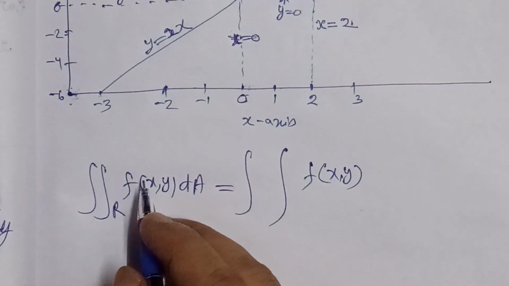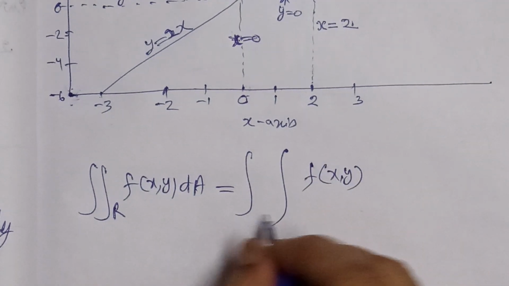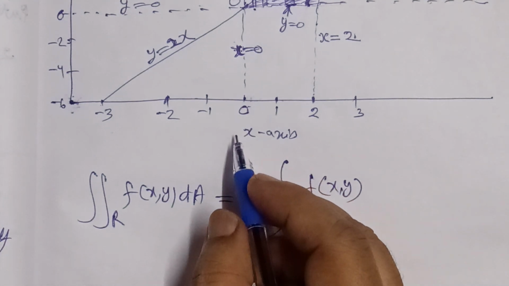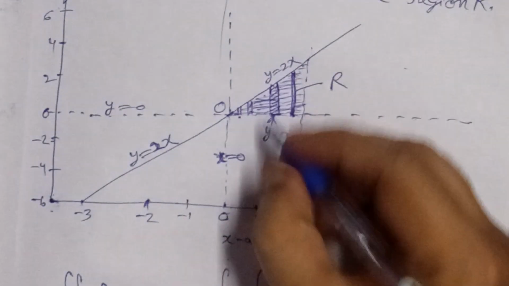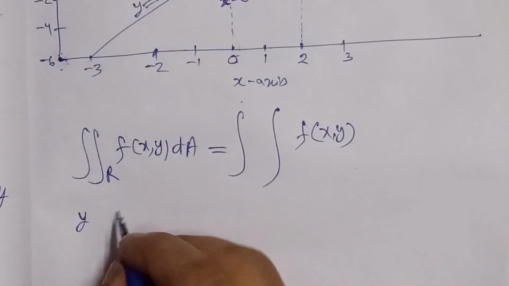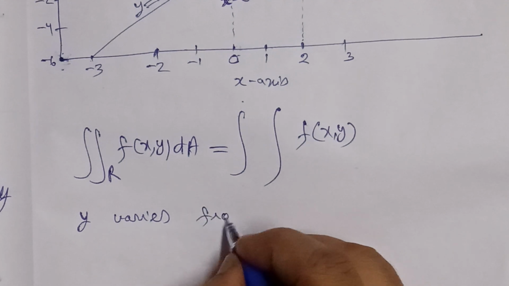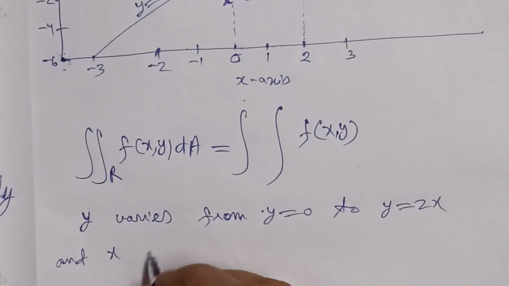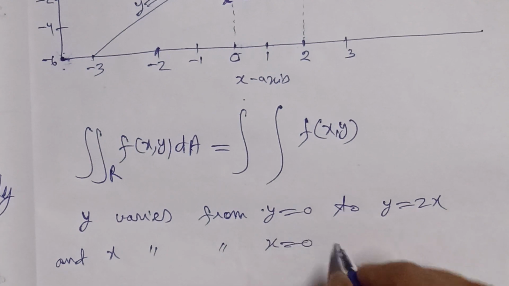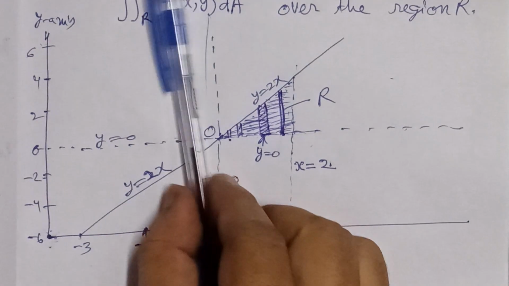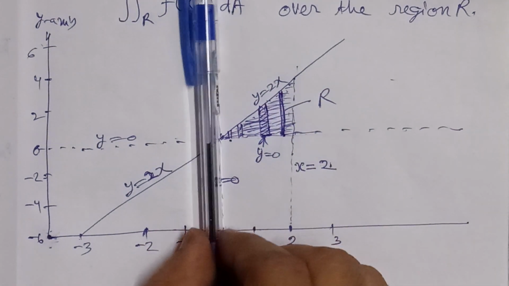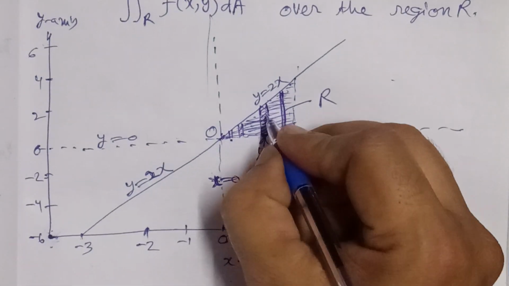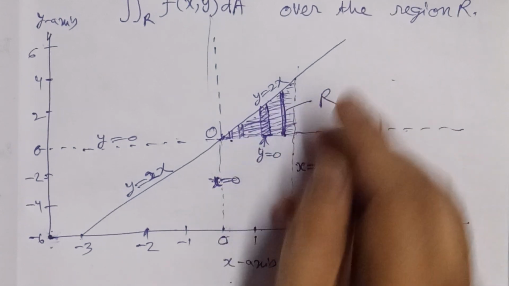We do not evaluate this value, I only have to write the limits. We see here that y varies from y equal to 0 to y equal to 2x, and x varies from x equal to 0 to x equal to 2, because the said region lies between the lines x equal to 0 and x equal to 2, and all strips start with y equal to 0 and end with y equal to 2x.